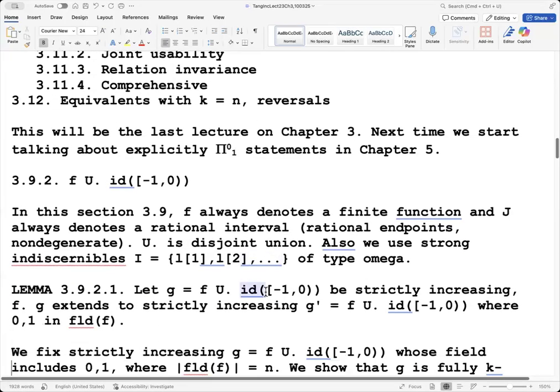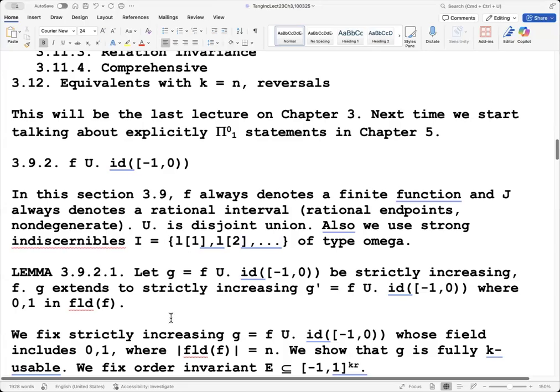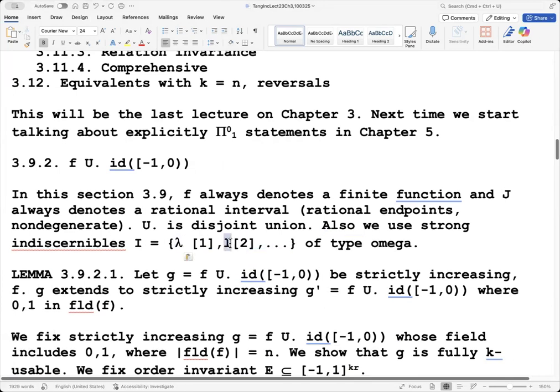So not to confuse this one, I like to put the Greek letter in. So we have indiscernibles. The set of indiscernibles is I, and lambda 1, lambda 2, lambda 3 in order.